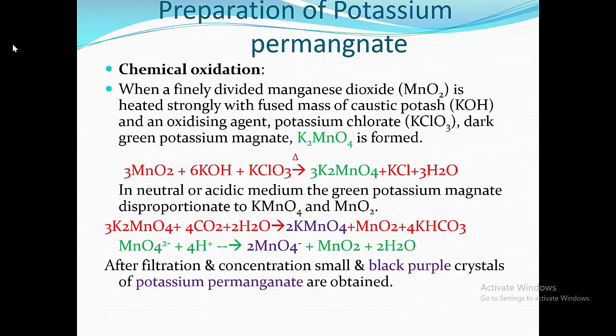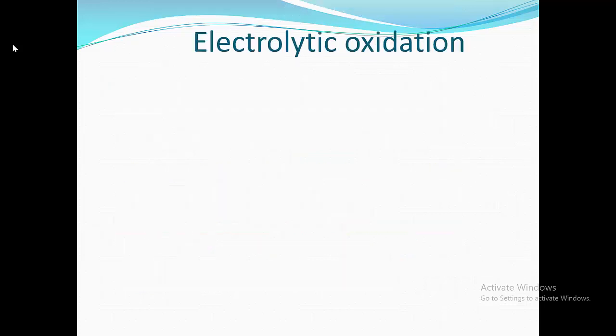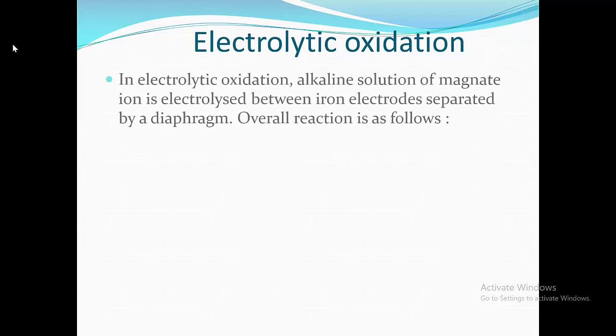After filtration and concentration, small black-purple crystals of potassium permanganate are obtained. Now we are going to see preparation of KMnO4 by using electrolytic oxidation. In electrolytic oxidation, an alkaline solution of manganate ion is electrolyzed between iron electrodes separated by a diaphragm.